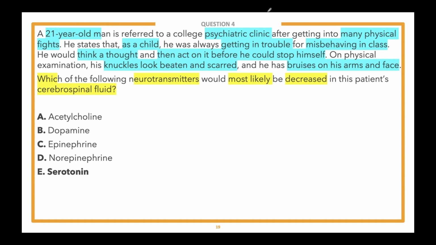Let's talk about the other answer choices and why those are incorrect. Norepinephrine. So norepinephrine isn't so much related to this.